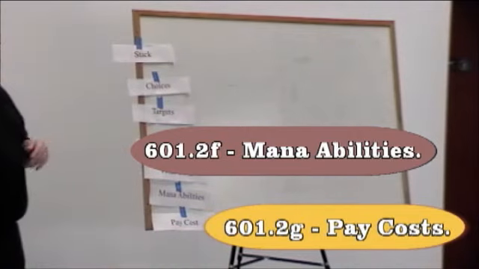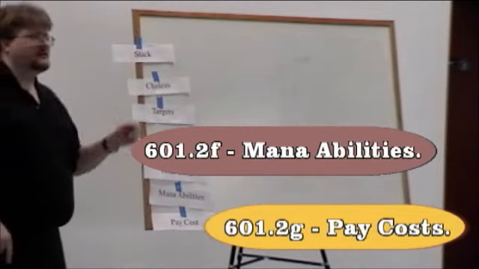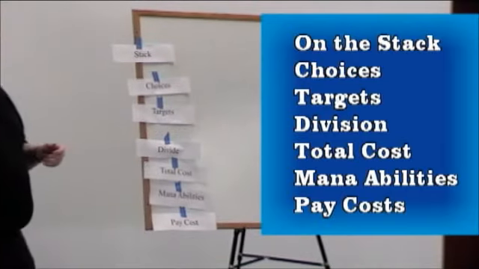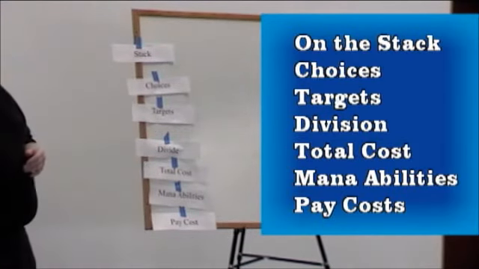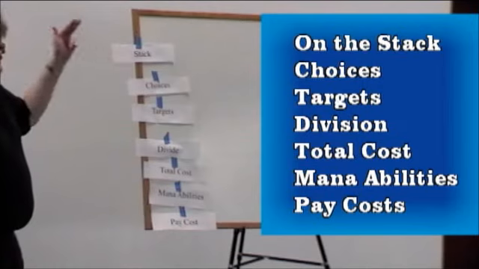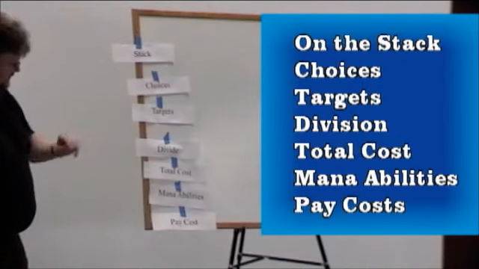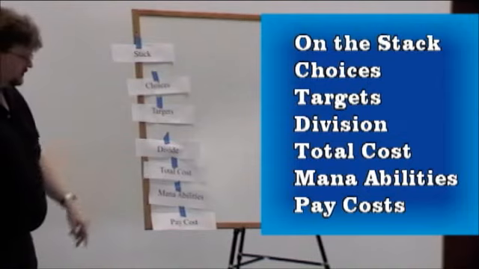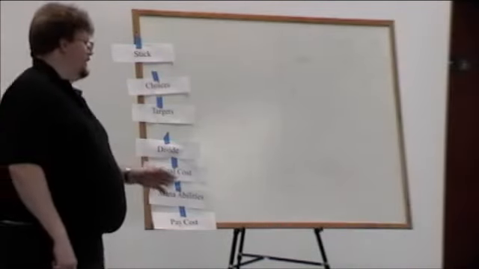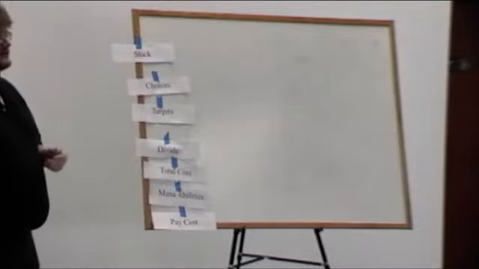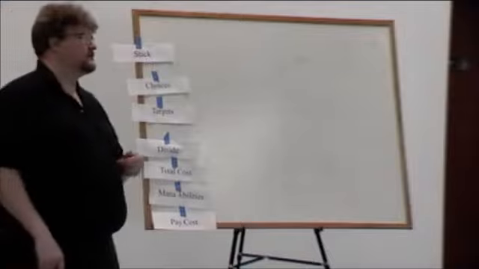So this is the order in which the seven parts or steps or whatever you want to call it of casting a spell have to happen. Putting it on the stack, making choices, choosing and announcing targets, dividing the effect, calculating the total cost, activating mana abilities, and finally paying the total cost. And the total cost can be paid in any order, which can sometimes have interesting ramifications.